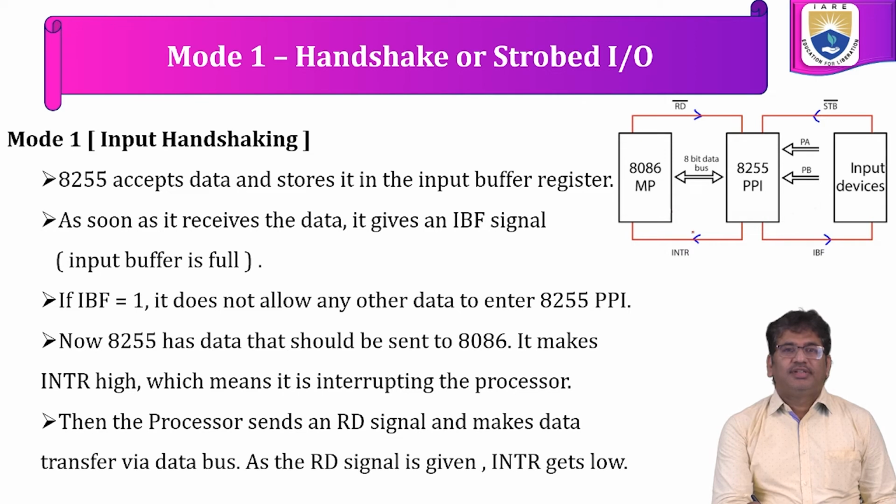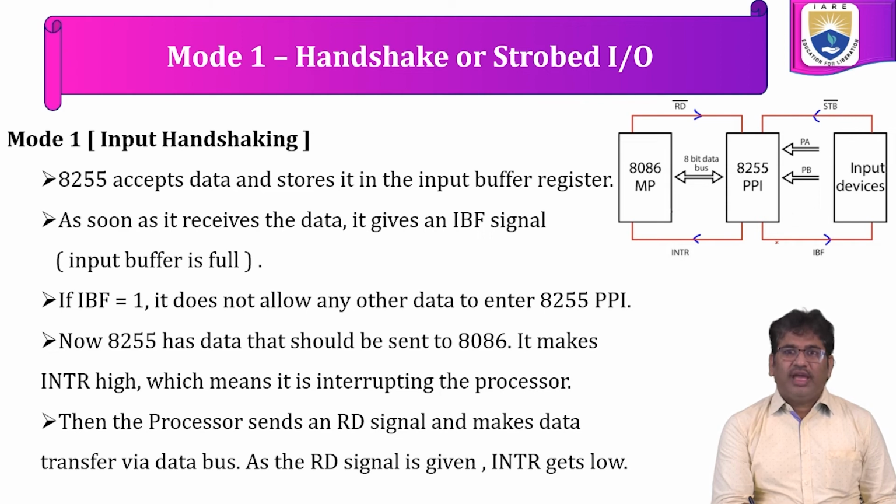8255 accepts data and stores it in the input buffer. As soon as it receives the data, IBF, that is input buffer full, is set. If IBF is 1, it does not allow any other data to enter into 8255 PPI.